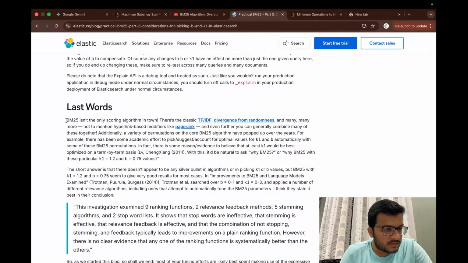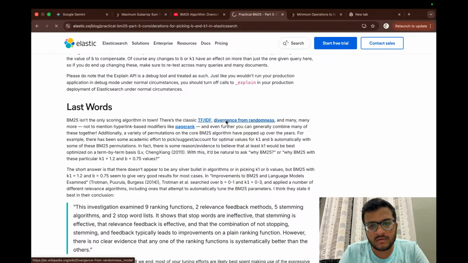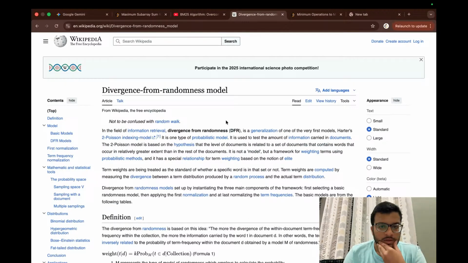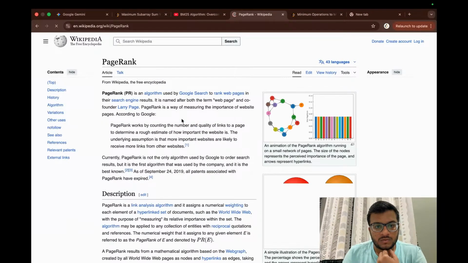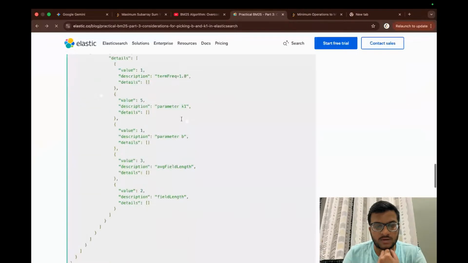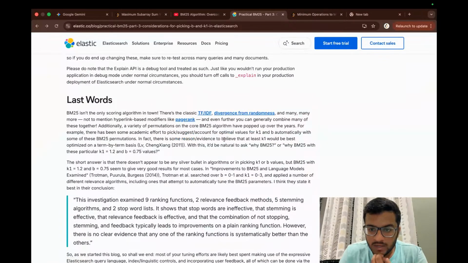Elastic itself said BM25 is not the only scoring algorithm. There are many scoring algorithms. Let's see what this is from. Okay, Wikipedia pages are very hard to understand. PageRank is even harder to understand.